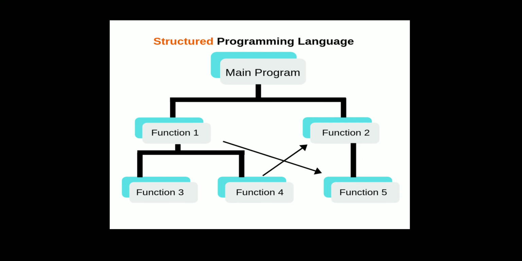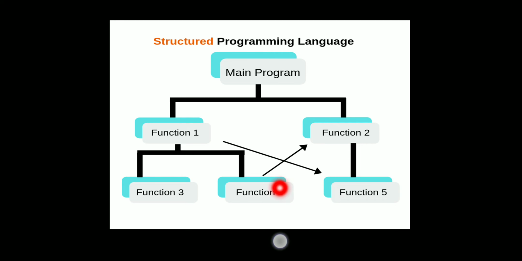Here the diagram of structured programming is there. See here, first one main function is there, that is the main program. This main program is divided into function 1 and function 2. Again function 1 is classified into function 3 and function 4, and function 2 is classified into function 5.